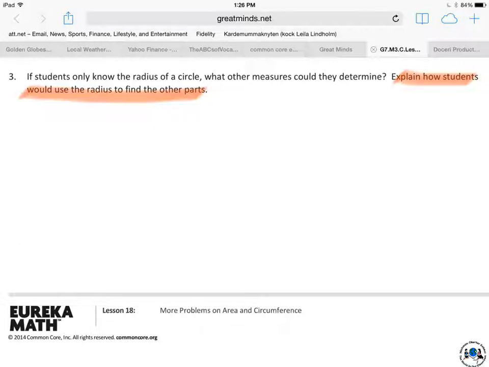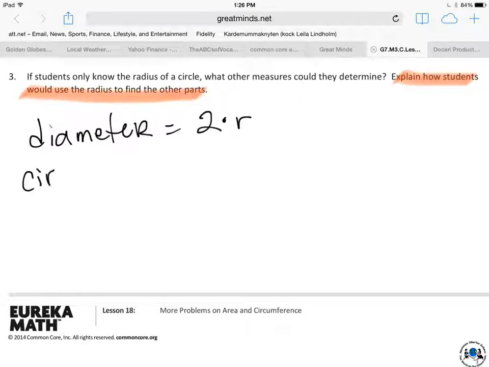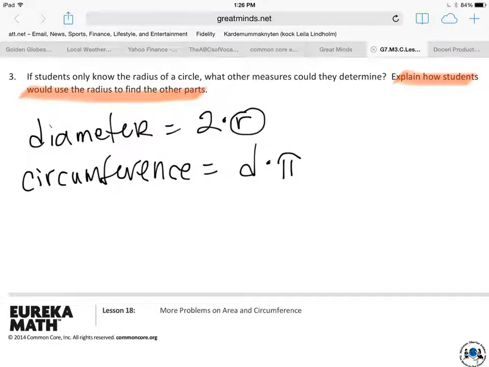If you know the radius, you can find the diameter, because the diameter is 2 times the radius, 2 times the r. The circumference formula is circumference equals diameter times pi. So if we have the radius, we can double that to get the diameter, and then multiply that times pi to get the circumference.